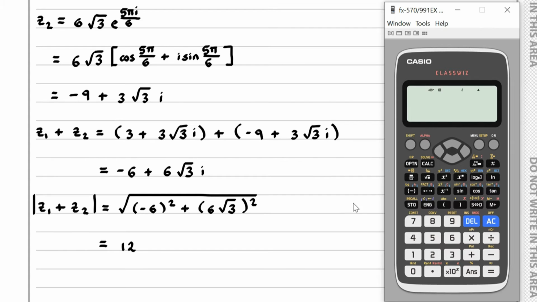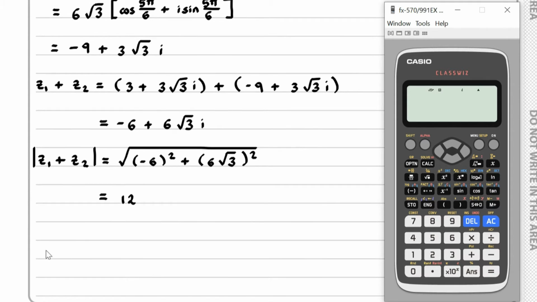We can now work out the argument of z1 plus z2.